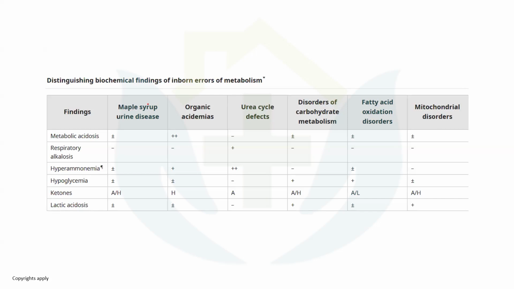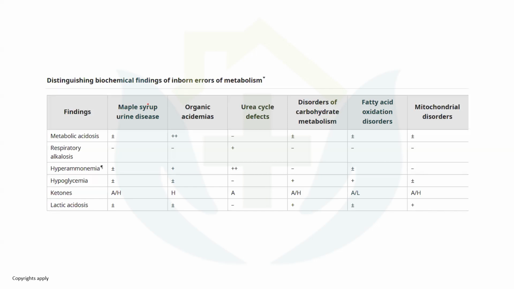If the hyperammonemia pattern comes, this will mostly fit with the urea cycle defect, because ammonia is metabolized in the liver to make urea, and if the urea cycle enzymes are deficient, the hyperammonemia picture will come. So you have to identify the pattern of illness and the pattern of biochemical findings which will fit the disease. So hyperammonemia will be in the urea cycle defect.